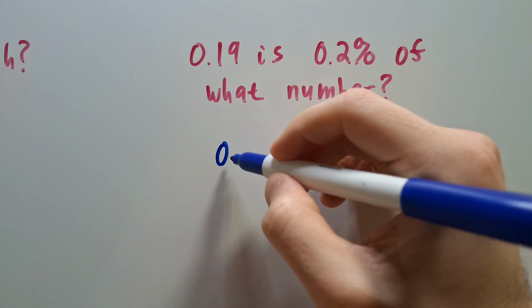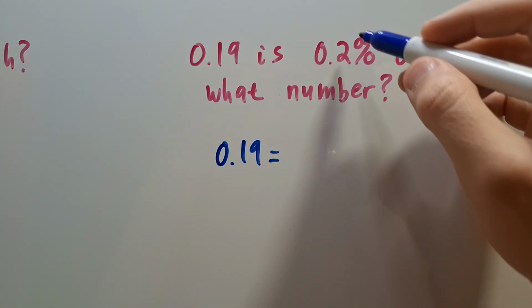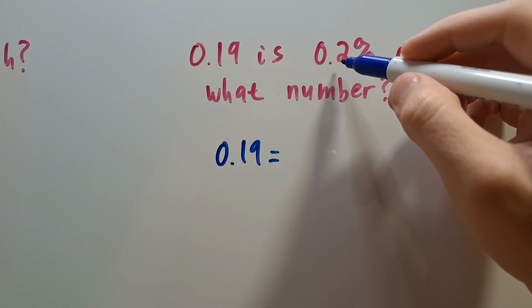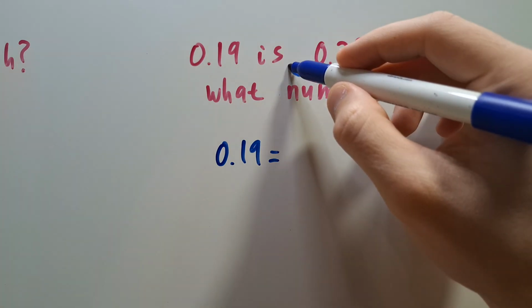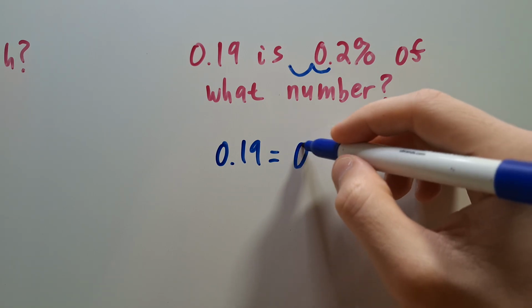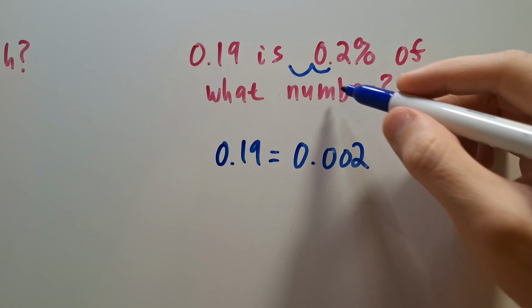So 0.19 is 0.2%. Writing this percent as a decimal, move the decimal point 2 places to the left, and it is now this number. Of what number?